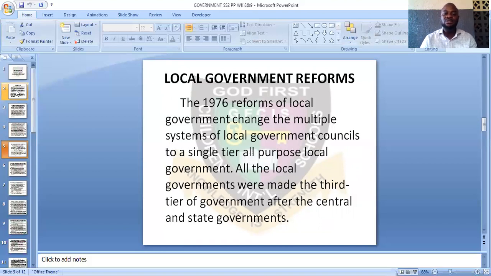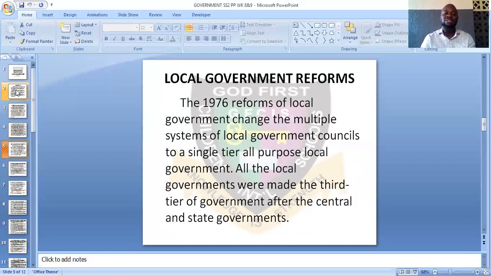But in 1976, there was a great reform whereby it was made a multi-purpose system, whereby all the 36 states in Nigeria adopted local government as the third tier of government. That is, we would now have central government, state government, and also local government.